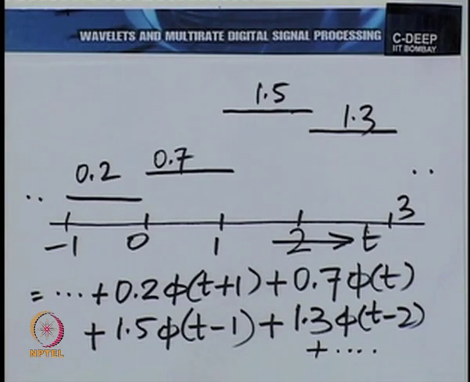Simple enough, not at all difficult to understand. So, we have this single function phi t whose integer translates span V 0.